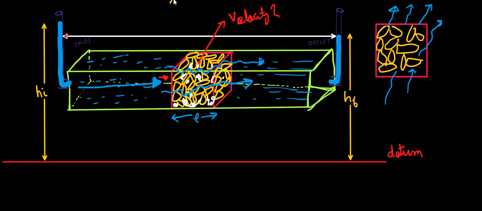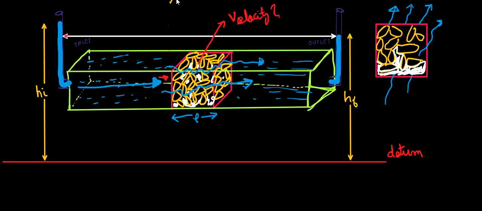Now what will happen? The net area, or you can say the effective area, that is available for the flow will be this only, this white region.